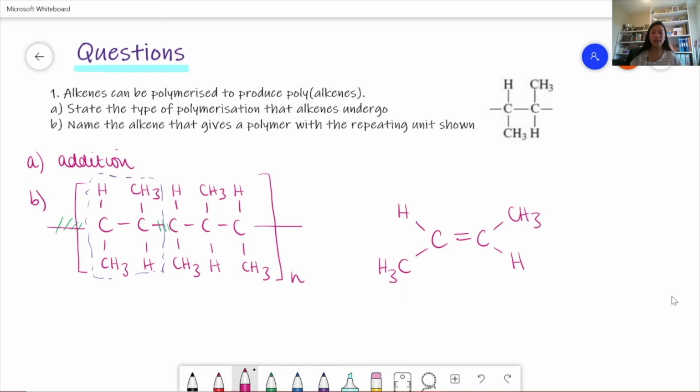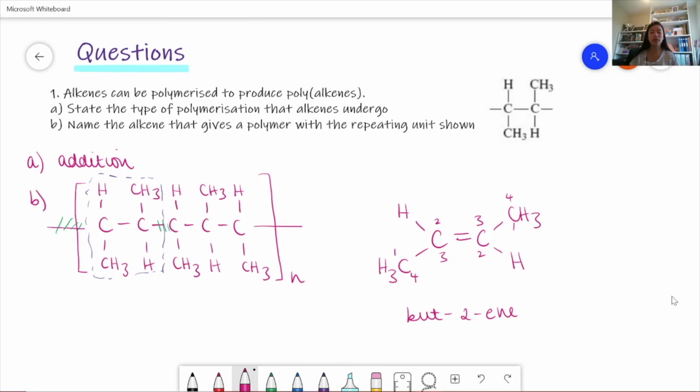So now on to naming. In the longest chain we've got 4 carbons, and so it's some kind of butene, and we can see that this double bond is on the second carbon, because if we label it like this or like this, the smallest number for the double bond will always be on the second carbon, and so this is butene.